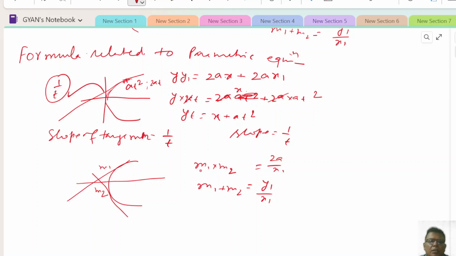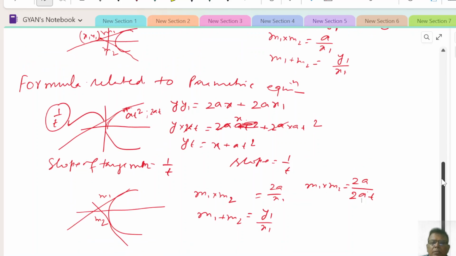So M1 M2 is equal to 2a by x1, and x1 is equal to 2at. So M1 M2 is equal to a by x1. So a by x1 is at square.